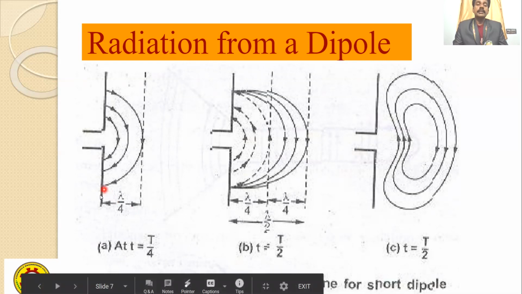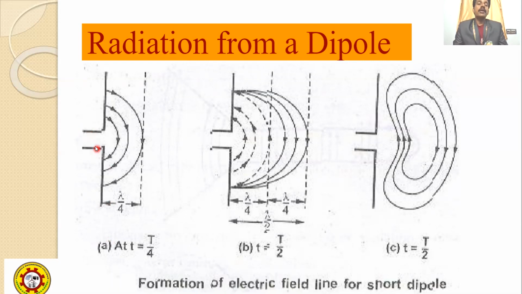Why? Because the end of this dipole is connected to ground. When the center is connected to your battery or source, a net field is observed along this part to this part. That is the pathway, the journey of field lines from positive and negative.